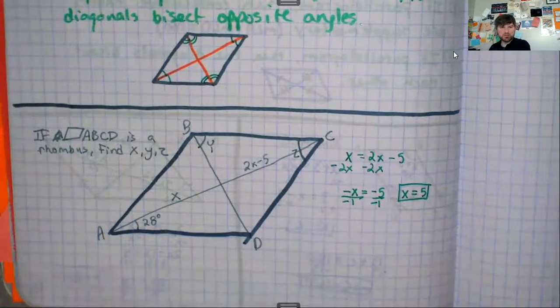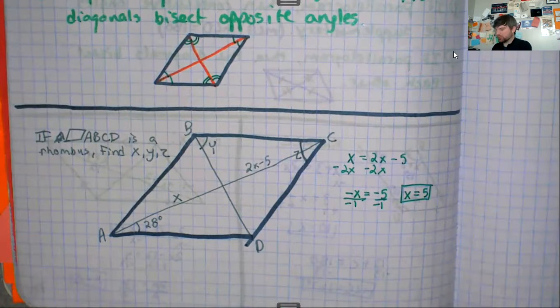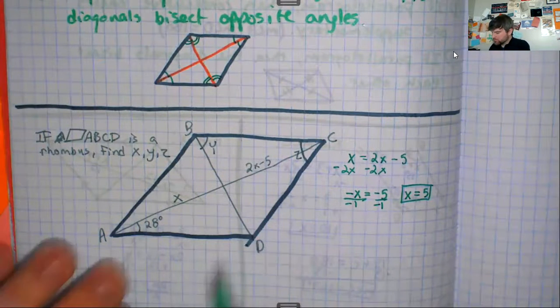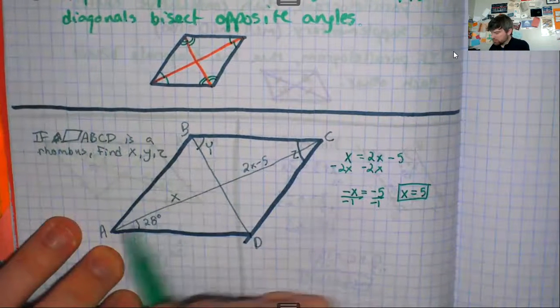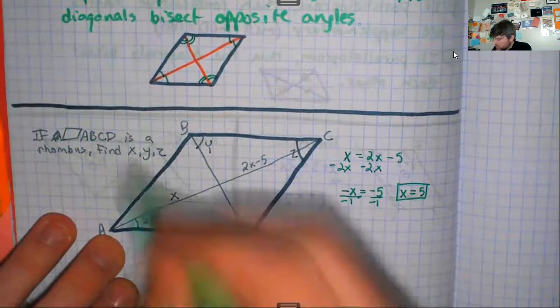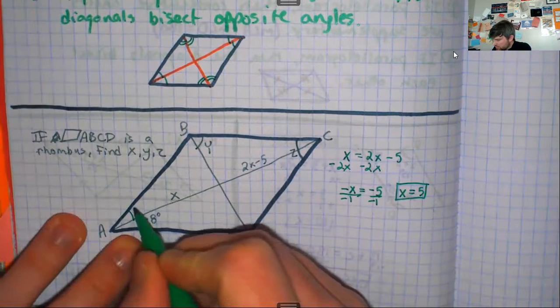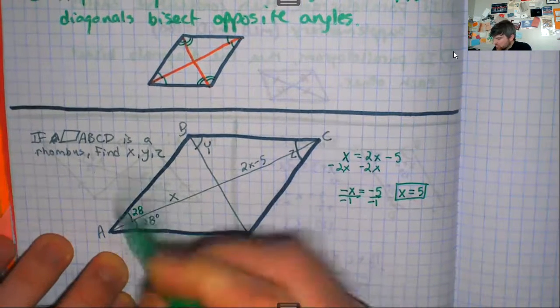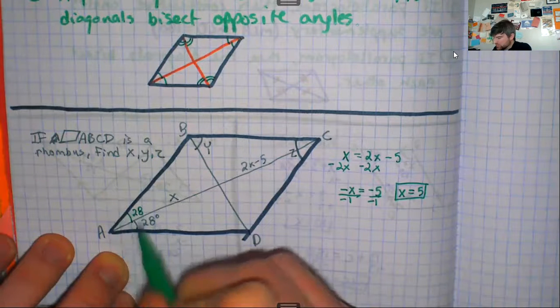Now with the angles, a lot of times we want to draw on the picture. So property number 2 said that these diagonals bisected the angles. So if this is 28 down here, this angle right here is also 28. Which means that the whole thing, if I take 28 plus 28, I get this whole angle.